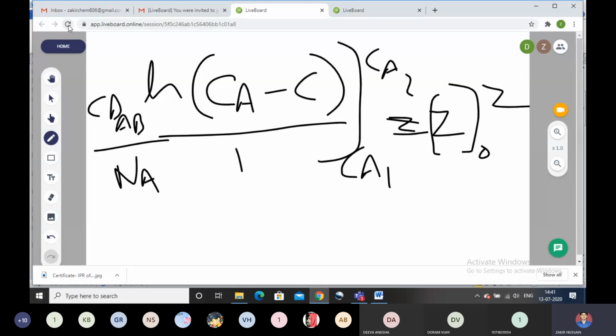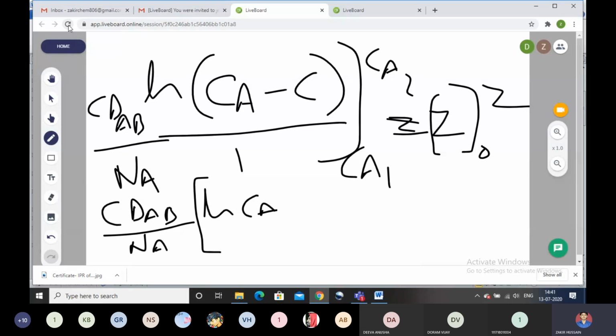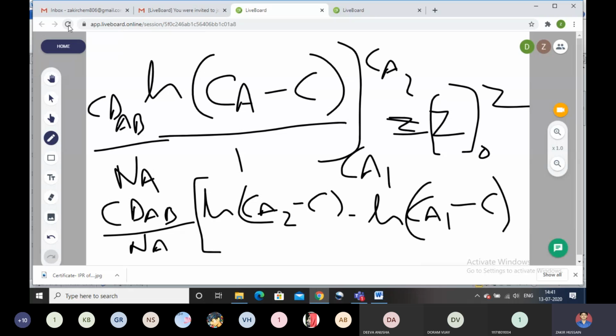Now we just have to substitute the limits. The solution is already available using that formula which we compared. So upper limit minus lower limit: upper limit is Ca2 minus C, minus the lower limit Ca1 minus C, which is equal to z minus 0.